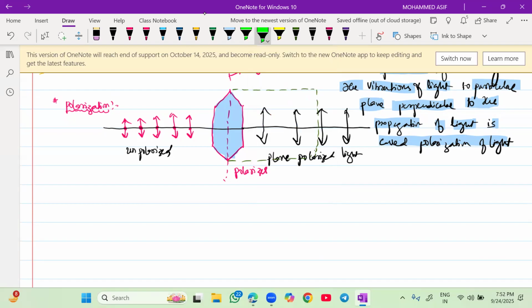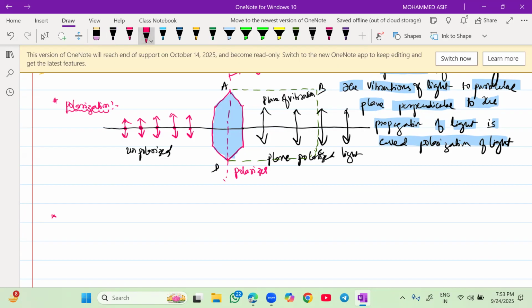I'm giving names: this is A, this is B, this is C, this is D. So this plane ABCD contains the vibration of the plane polarized light, which I'm calling the plane of vibration. What do you mean by plane of vibration? The plane in which the vibrations of plane polarized light are placed.